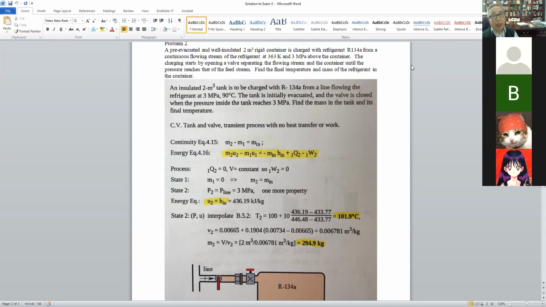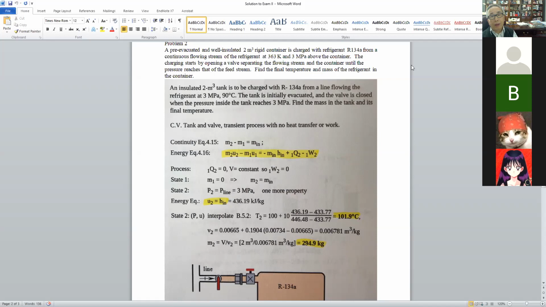So we immediately know this is a problem from chapter 4. It's an open system. It's operated in the unsteady state. Filling a tank is an unsteady state problem. And a conceptual question.